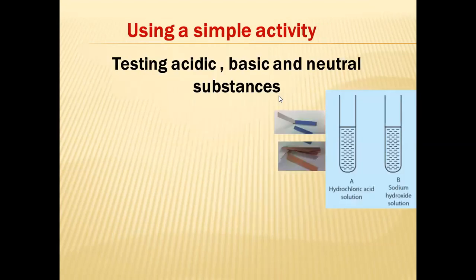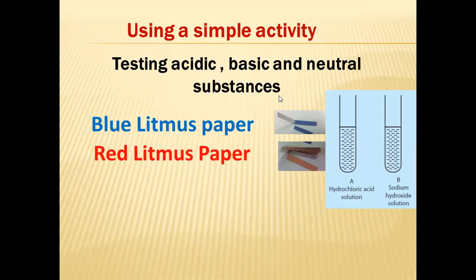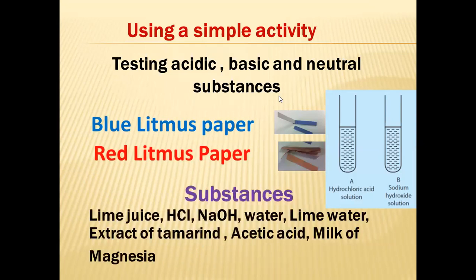Using a simple activity, that is testing acidic, basic and neutral substances using blue litmus paper and red litmus paper. The substances which are going to be tested are listed here.